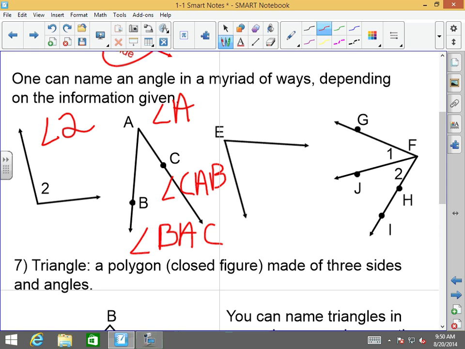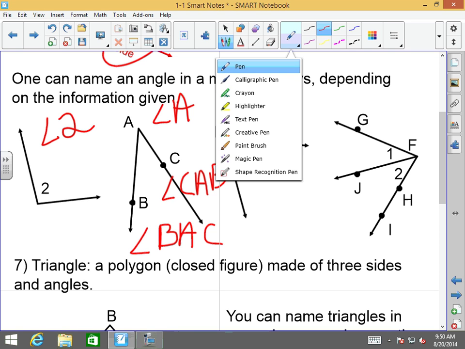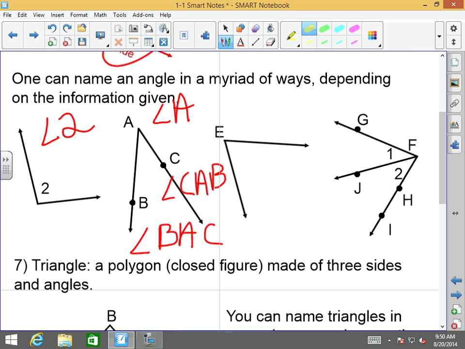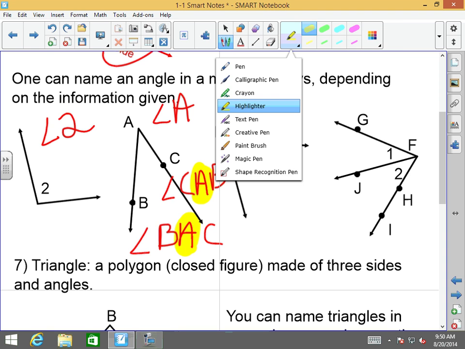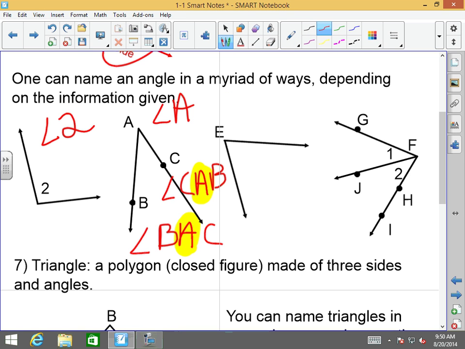Please notice that, I'm going to highlight this. Please notice that the A is in the center. Why is the A in the center? Remember, sir, talk to me. Why? That's exactly right. It's the vertex. That is the point of intersection between those two rays or lines or segments.